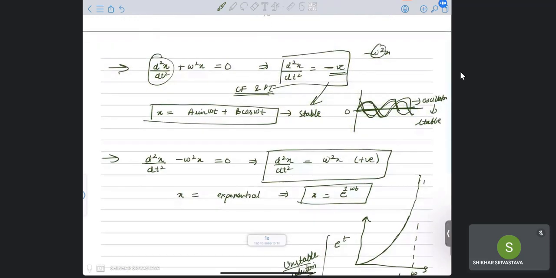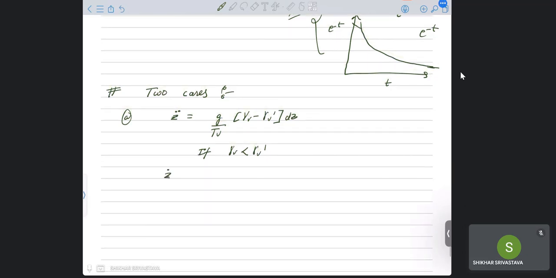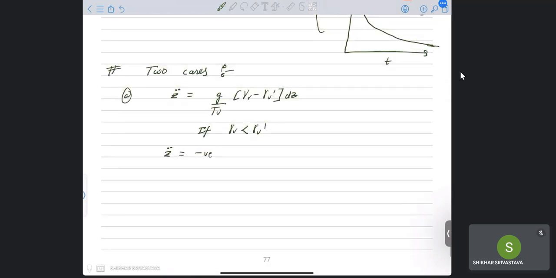Now just compare it with this equation. If this z double dot is negative, this can only be negative if gamma v is less than gamma v prime. Correct? If gamma v is less than gamma v prime, this term will be negative, and hence your z double dot will be negative. And when z double dot is negative, you have stable solutions.